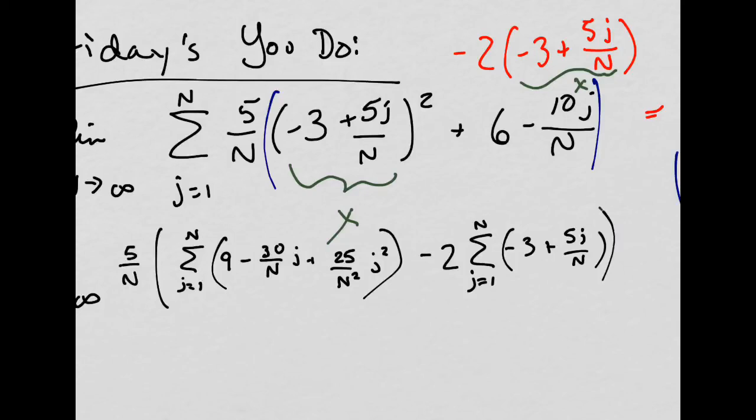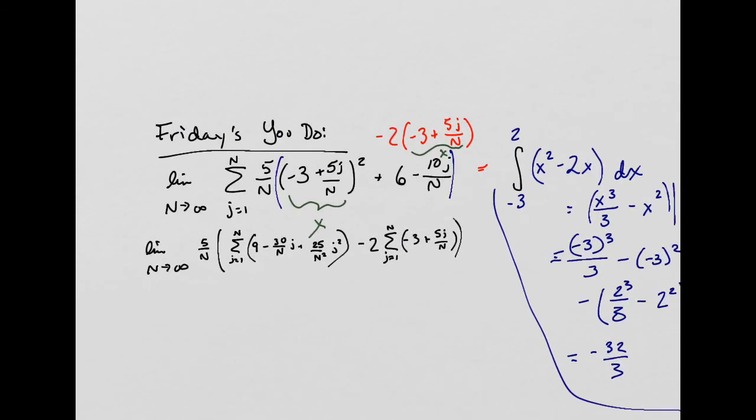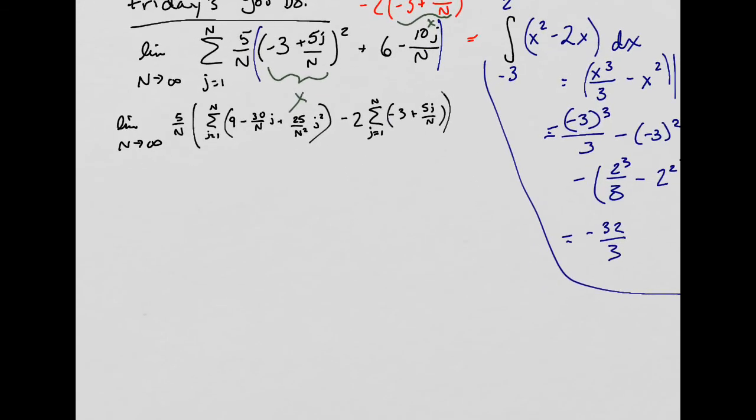Okay, so this is what we're working with. And then let's distribute this. So we get the limit as n goes to infinity of 5 over n of, let's combine like terms.